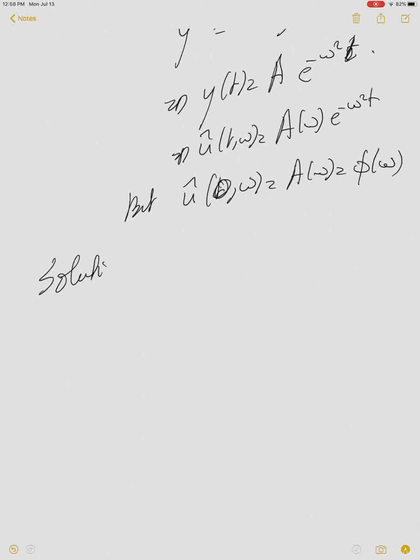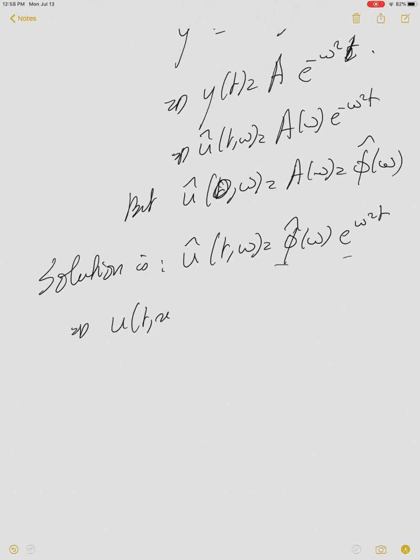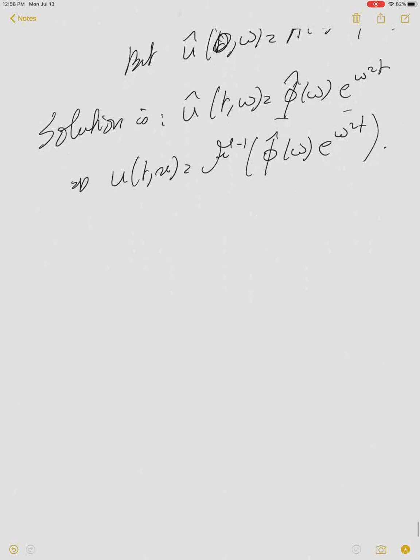So the solution is u hat of t, omega equals phi hat of omega e to the minus omega squared t. So this is the product of functions of omega. And now I want to calculate u of t, x. So this is the Fourier inverse of phi hat of omega e to the minus omega squared t.